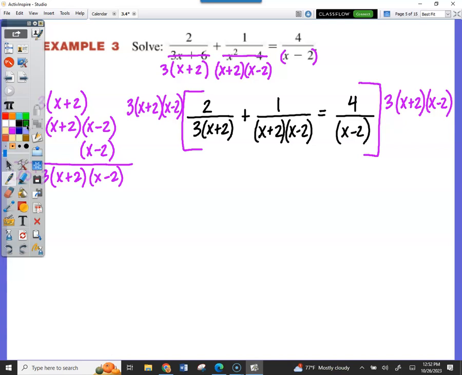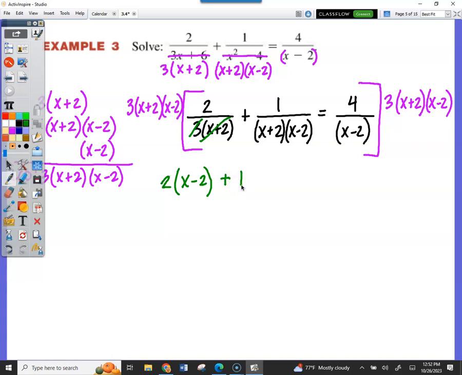When I'm doing this, I always write the LCD out next to it on both sides, and then I use my non-writing hand to point, and then my pencil to mark out. So the 3 would cancel out, the x plus 2 would cancel out, and I would be left with 2 times x minus 2. I'm not going to worry about trying to do it in my head yet. Then I'm going to come over here, plus 1.